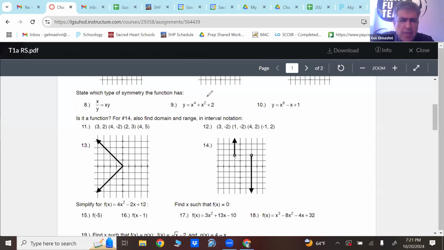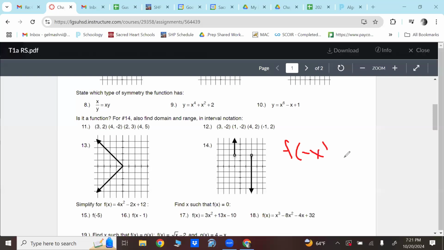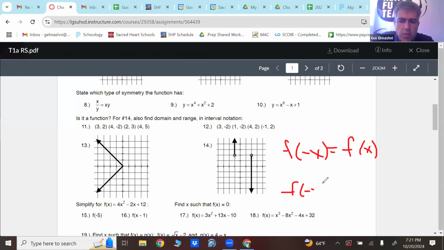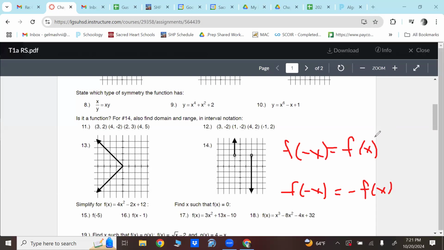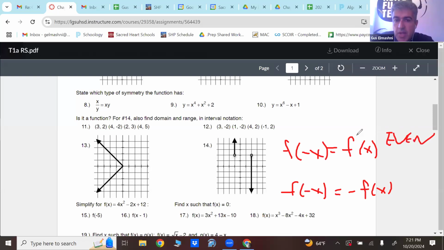Have you guys talked about odd and even symmetry? Do you know what that is? So there are two types. What would the first type be called? The odd one, I think. That's even, actually. The reason it's even is that the y value does not change sign, so it looks like y equals x squared.